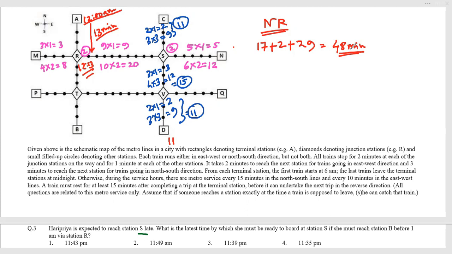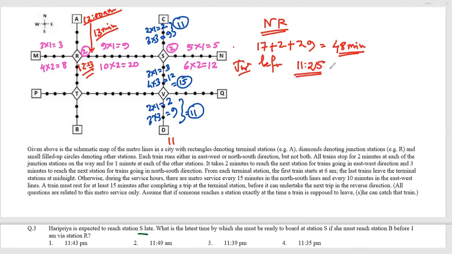And that 48 minutes before the train, 48 minutes latest before the train. So that should be just before 48 minutes, so 11:25.